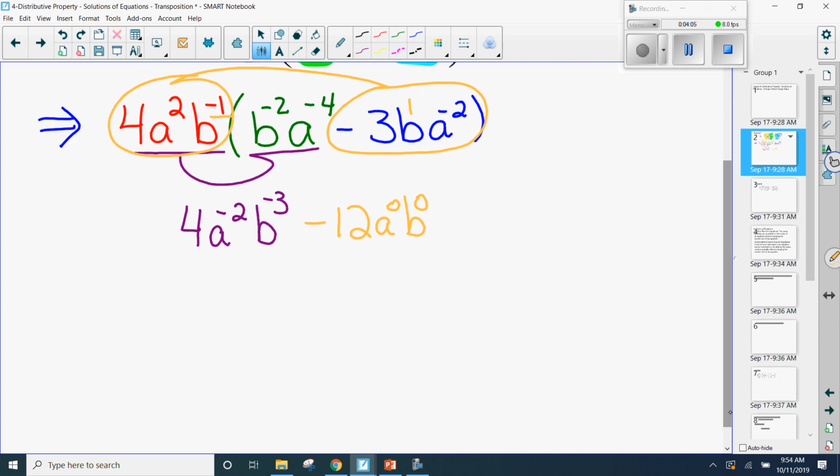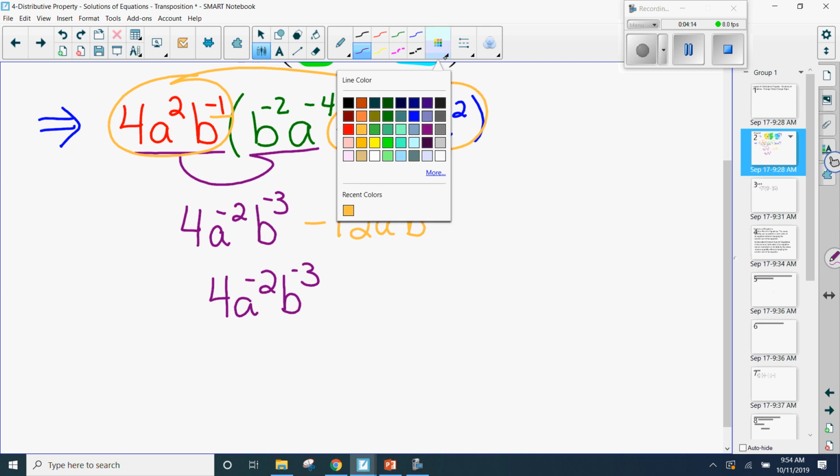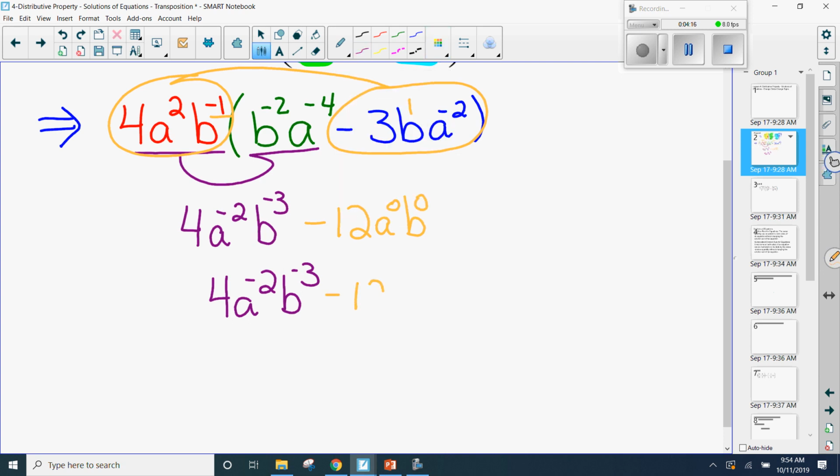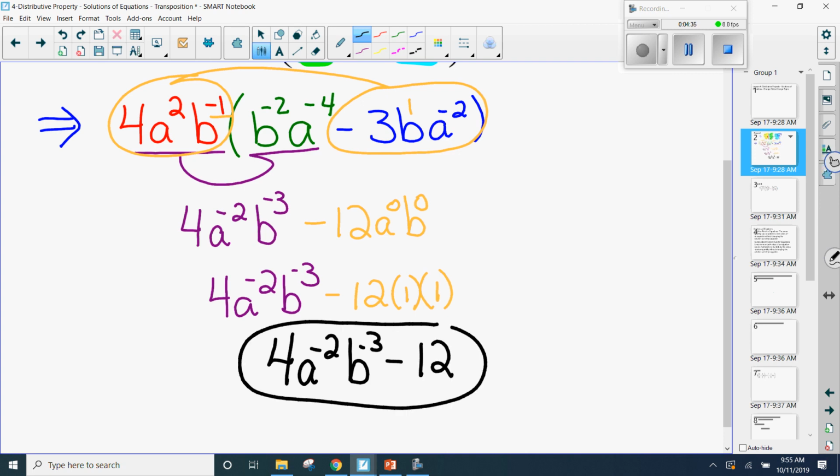Now, anything to the 0 power is what? The number 1. So we could look at this as minus 12 times 1 times 1, which means your answer is 4a to the negative second, b to the negative third, minus 12. And you keep your answer in that format right there.